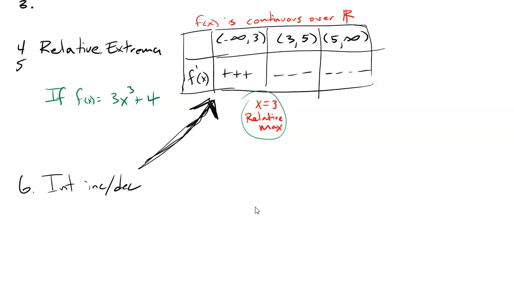So if I'm looking at this table, what would I say for the interval of increasing and decreasing? I'll separate them. Where is this function increasing? Okay, good. I'm glad I asked this question.